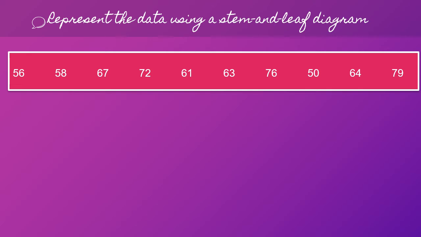In a stem and leaf diagram, each stem represents a digit in the tens place and each leaf represents a digit in the ones place. For example, 56, 58, 67, 72, 61, 63, 76, 50, 64, and 74. All the numbers have the common stems of 5, 6, and 7.